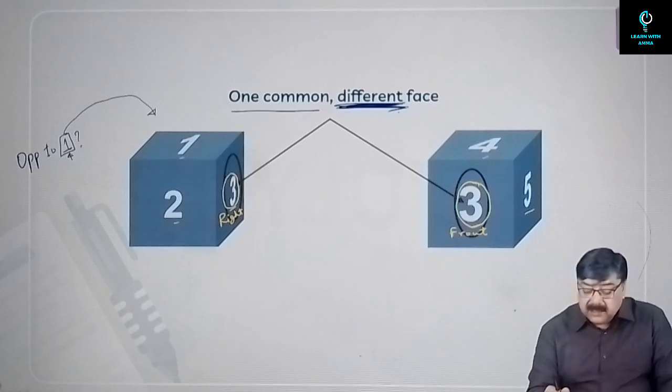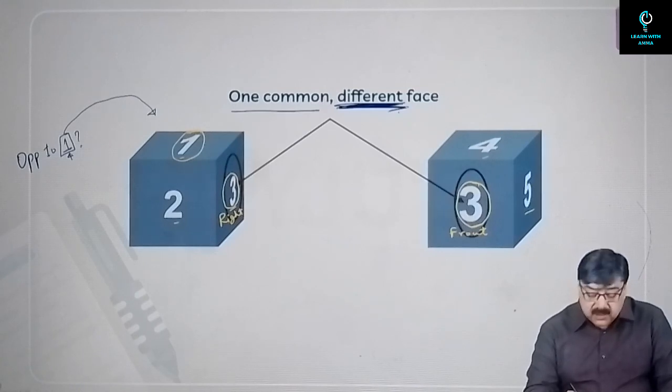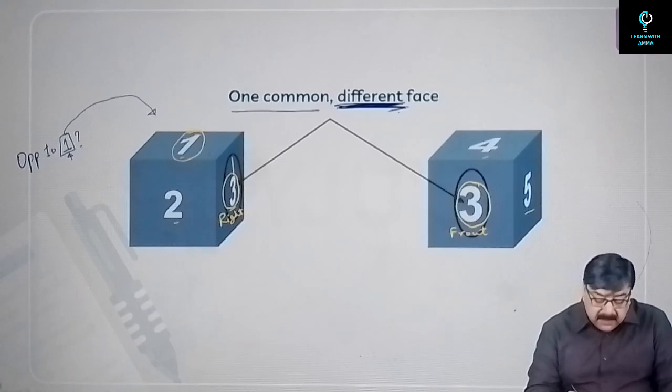Now, out of the two diagrams, the left hand side diagram consists of number 1, whose opposite number we need to find. Now you know that 3 is the common number, and you need to find the number opposite to number 1. So from the common number, you will move towards the number which has been asked in the question, and you will find out which direction this is.